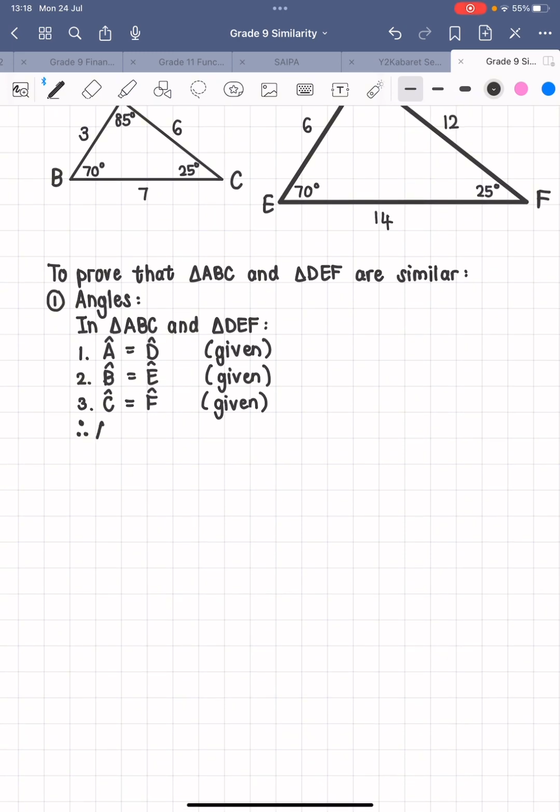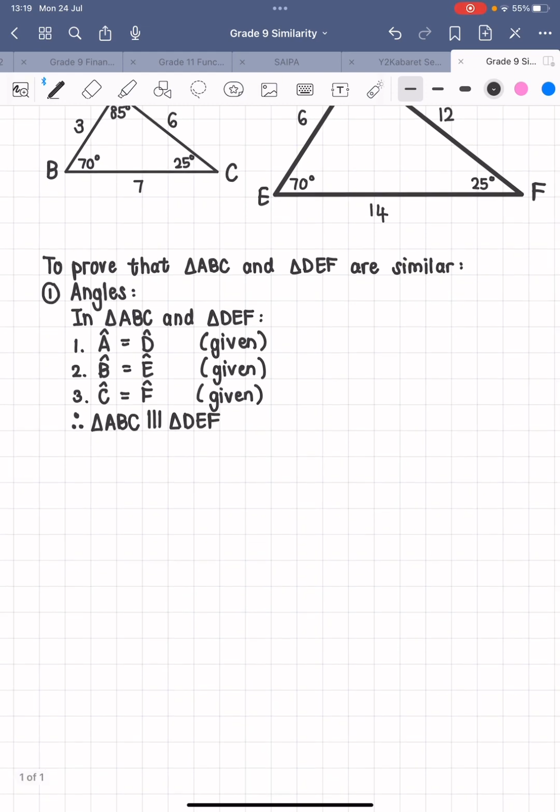Therefore, triangle ABC. Now, guys, the symbol for congruent is 3 horizontal lines. For similar, it's 3 vertical lines, 3 parallel lines, essentially. Triangle DEF. Again, just like with congruency, you need to match up the angles that are equal, right? So I wrote it in this order, ABC.